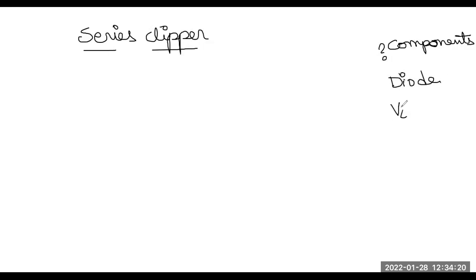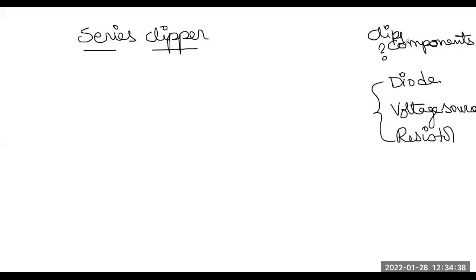It will have a voltage source because we need to apply the voltage, and finally a resistor. These are the three components we usually find in any clipping circuit. They will be connected either in series or in parallel based on what type of clipping waveform we need.